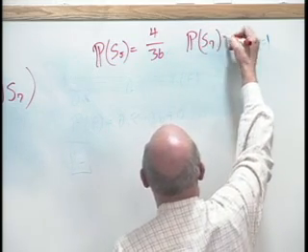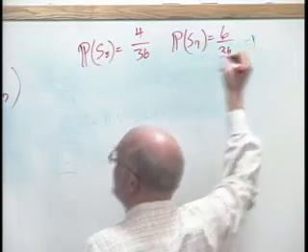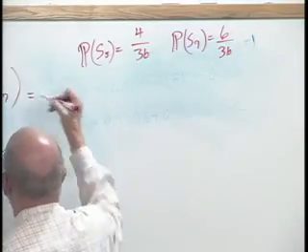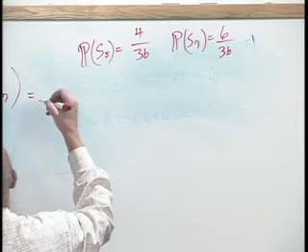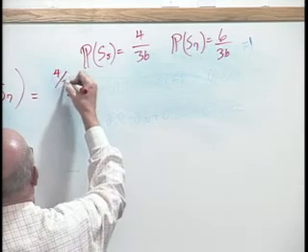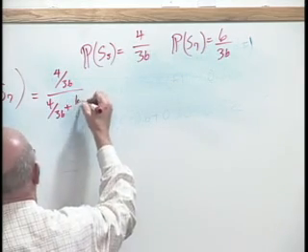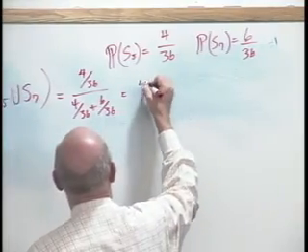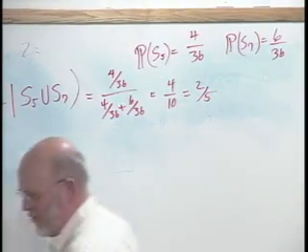Probability of rolling a 7 is 6 over 36. And this probability is therefore equal to 4/36 divided by 4/36 plus 6/36, which is 4/10 or 2/5.